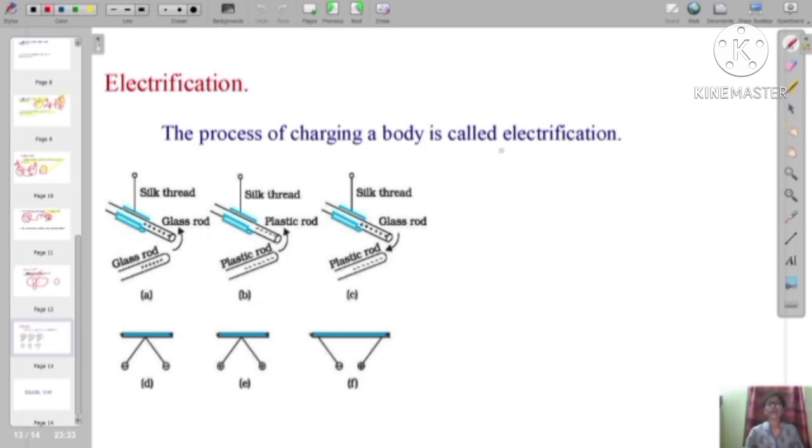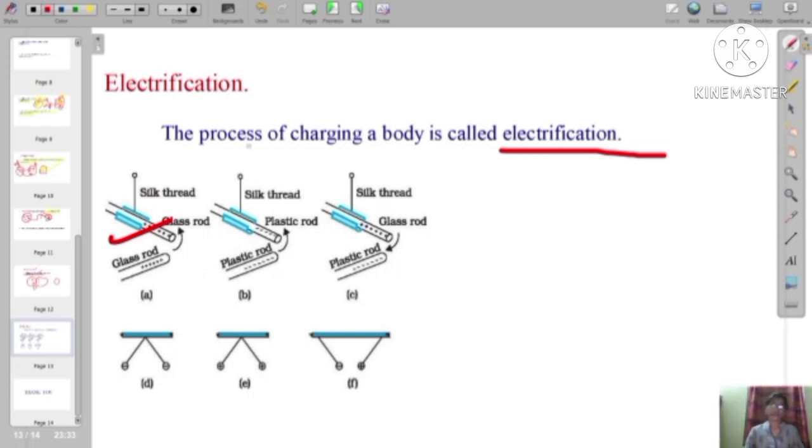To that process only we call it electrification. We have seen many examples: a glass rod, when it is rubbed with silk cloth, is electrified. When a plastic rod is rubbed with fur, it is getting electrified. Is it clear? So this is about electrification.